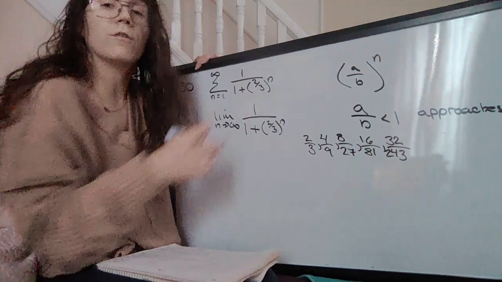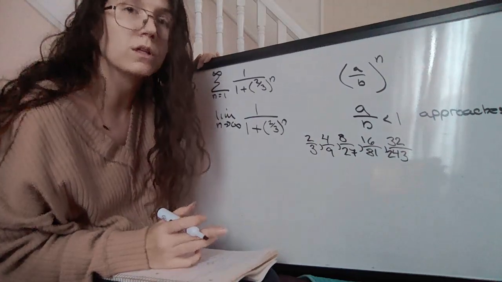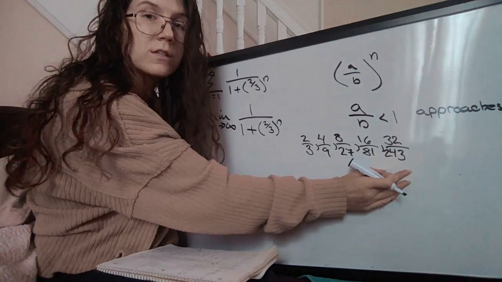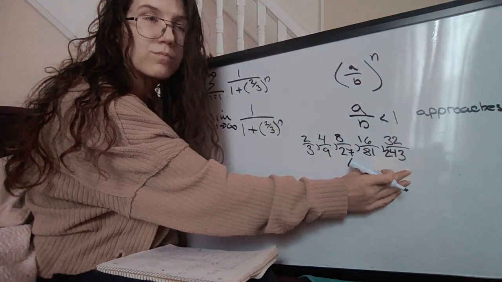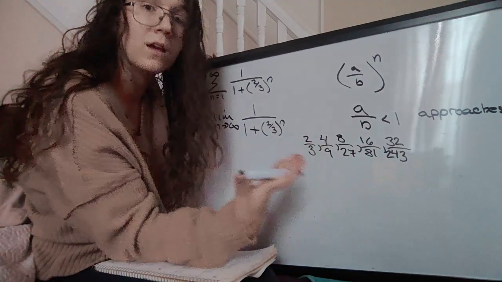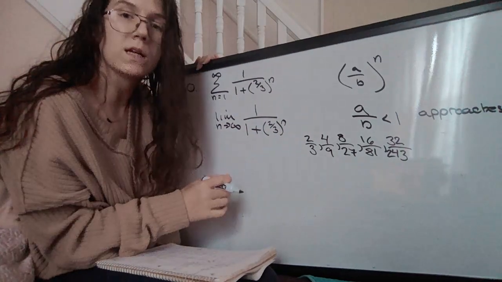At our fifth number we're already at 32 over 243. Here you can very clearly see that 32 is not even a quarter of 243. So it's a remarkably smaller number, and that's only 5 terms in.